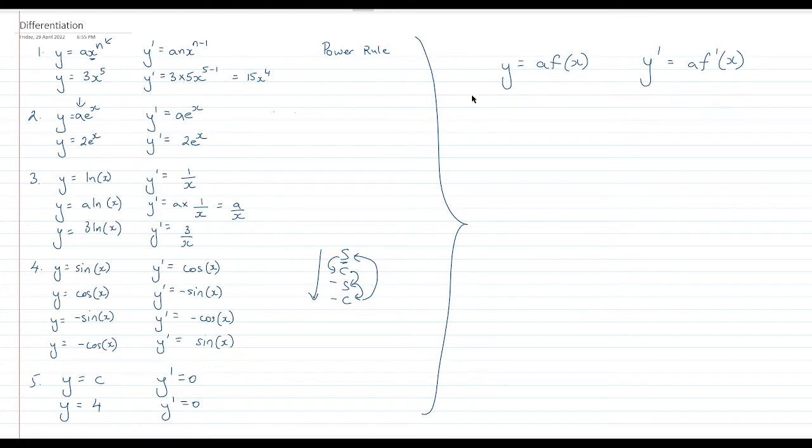So what does this mean? So if f of x was ln x, then you can have a question where it's 3 times ln x. And then the derivative would be 3 times the derivative of ln x, which is 1 on x. So it'd be 3 times 1 on x, which would be 3 on x.